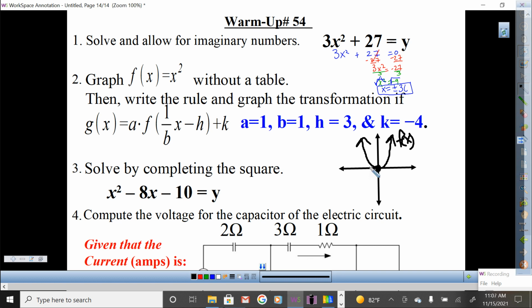So I'm going to move that one according to the parameters they give me: 1 for a, 1 for b, 3 for h, and -4 for k. So this becomes g of x equals f of x minus 3, squared, minus 4. According to that movement, where would my vertex be now? Tell your neighbor, what would be my new vertex?